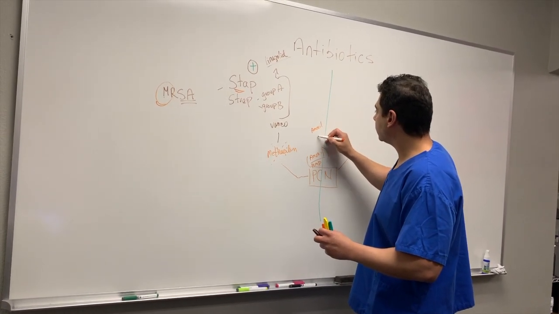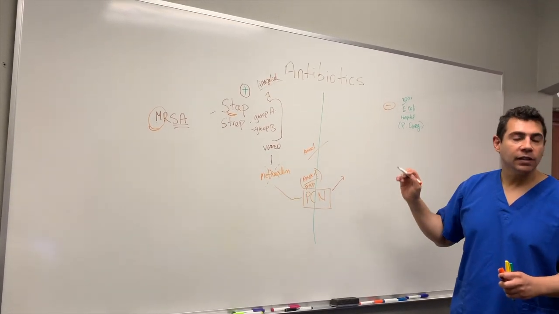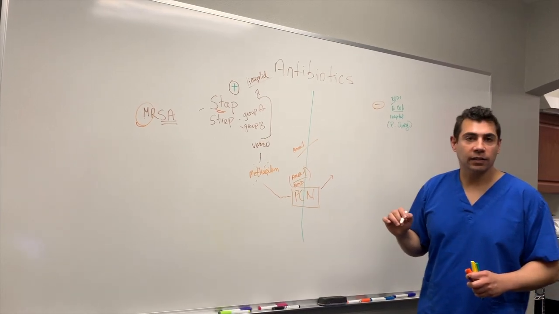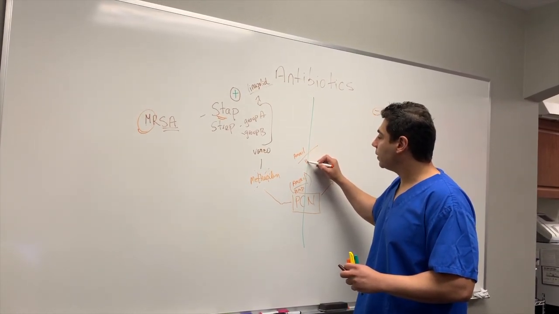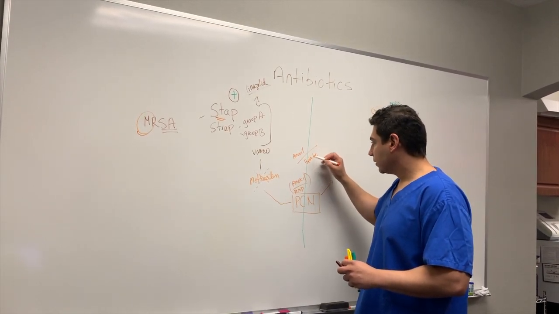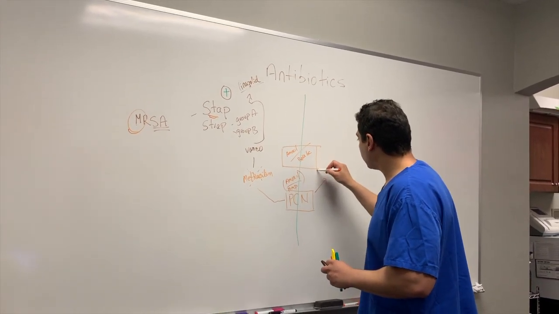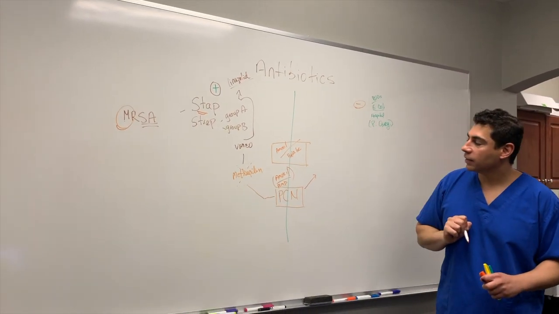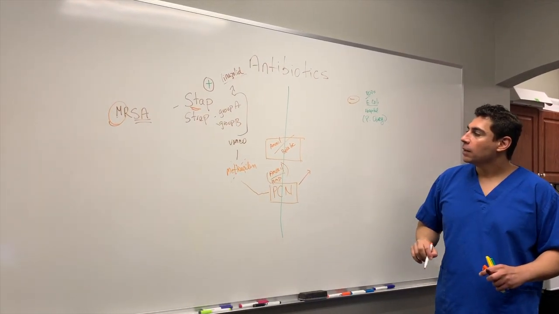What is the second agent that can cover both gram positives and gram negatives and is more powerful than just straight amoxicillin? Augmentin, which is amoxicillin with a beta lactam, which is clavulanic acid. Okay, so that is the all-powerful antibiotic, a step up from your penicillin family.